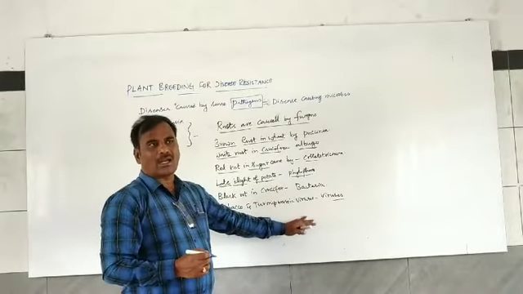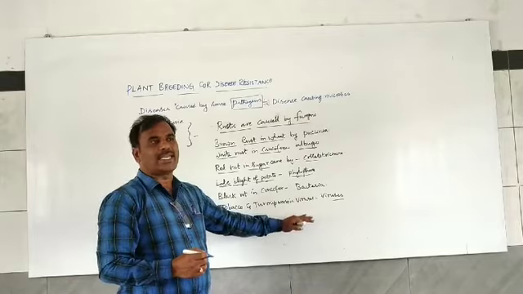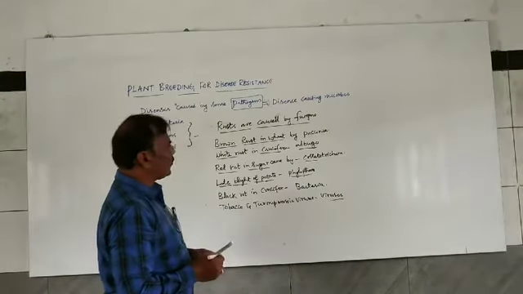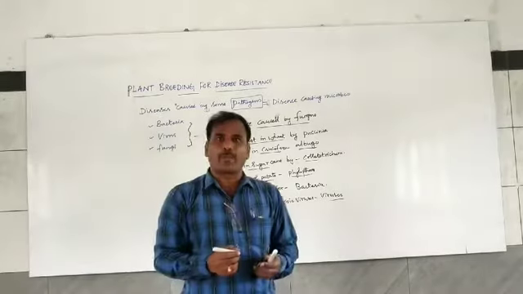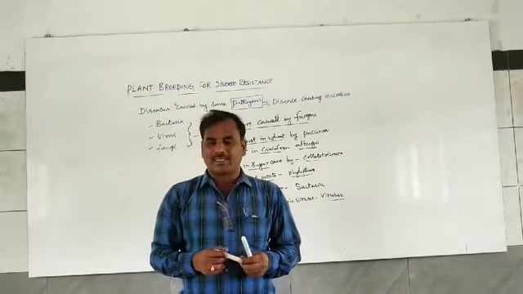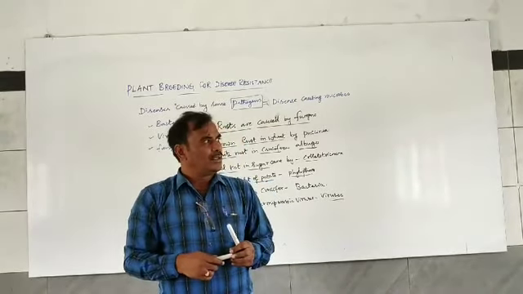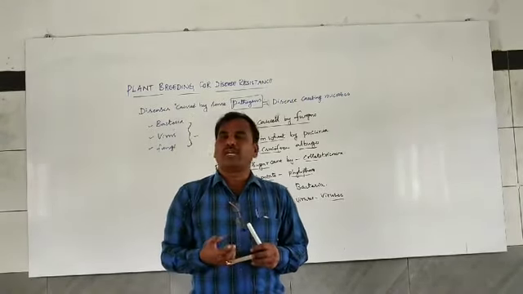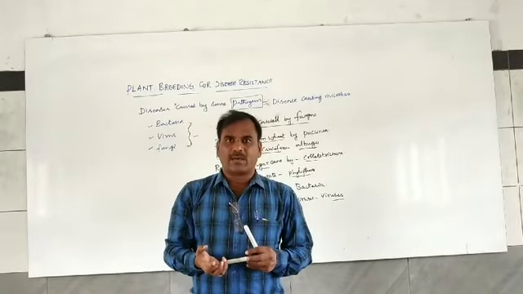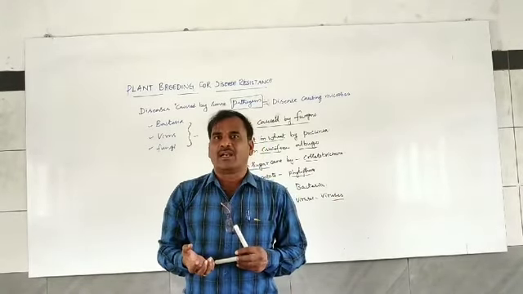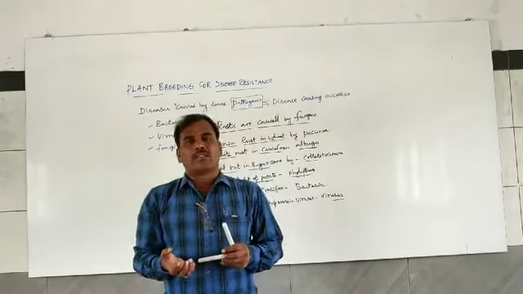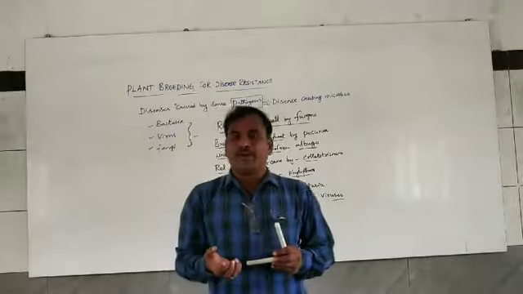These are all common diseases we see in agriculture, causing some reduction and loss in productivity. Because of that, we need to develop disease-resistant varieties by using traditional or some advanced ways of breeding.